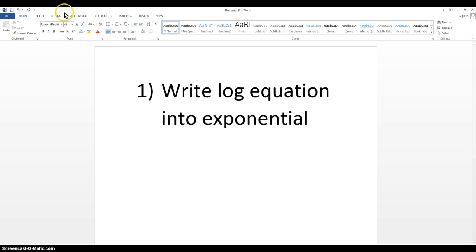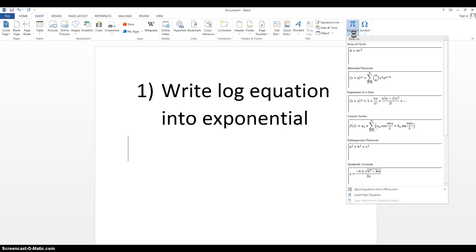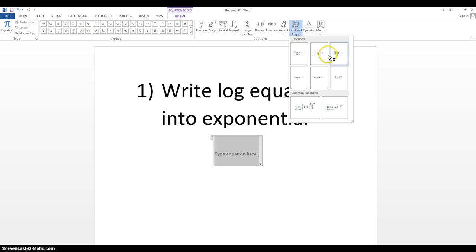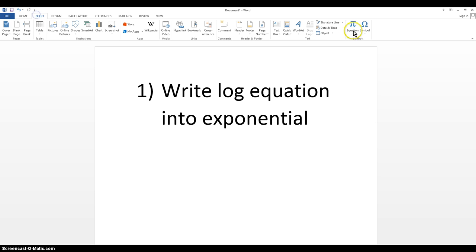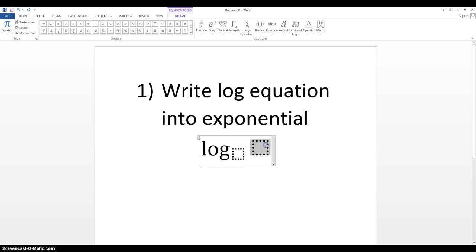And here is the log equation. It is log of 64 base 4 equals 3.